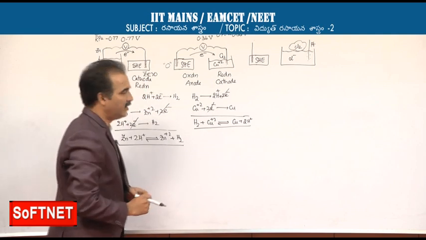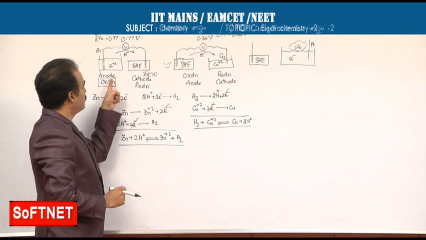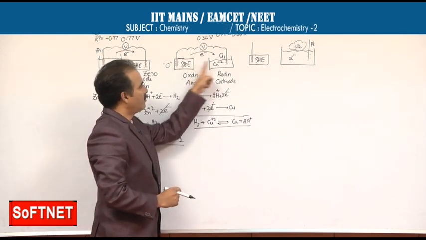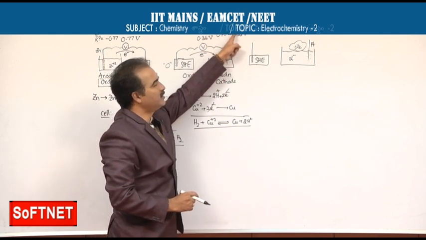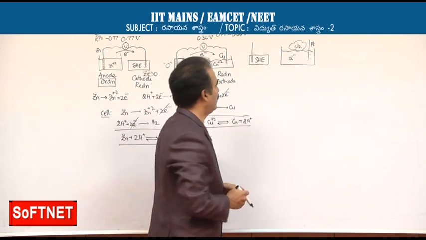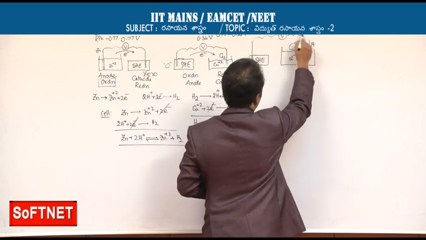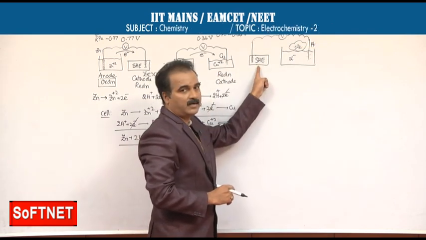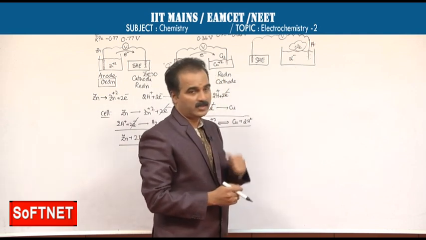So, finally, we can say any electrode when connected to SHE, if it undergoes oxidation, its oxidation potential is positive. Any electrode when connected to SHE, if it undergoes reduction, its reduction potential is positive. And let us see the case of non-metal electrode. This electrode when connected to SHE, standard hydrogen electrode potential is 0 and the chlorine electrode reduction potential is positive.